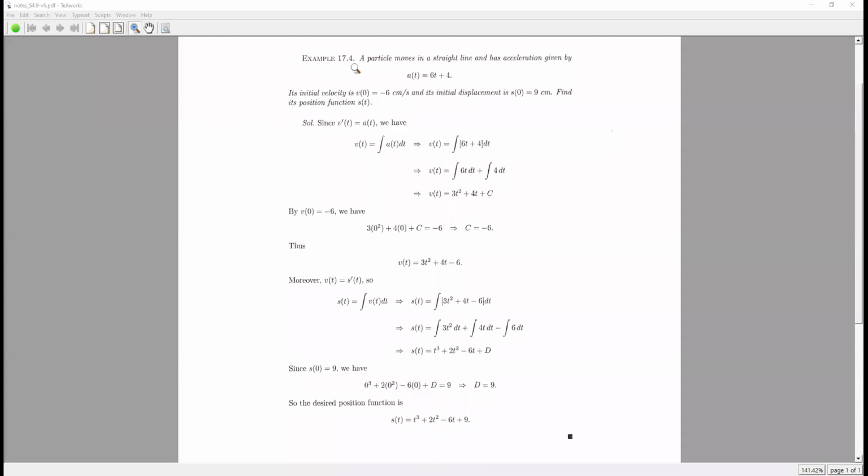Example 4. A particle moves in a straight line and has acceleration given by this equation. Initially, when time is 0, the velocity of the particle is -6 cm per second, and the position of the particle is 9 cm. Now, from this information, find the position function of the particle.